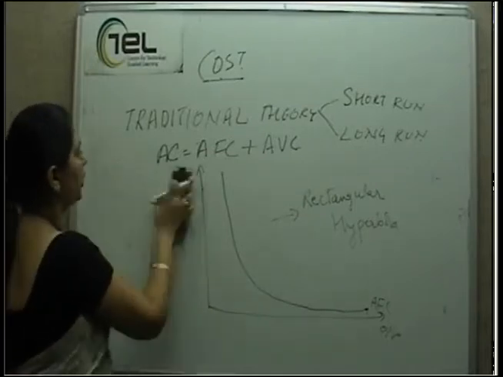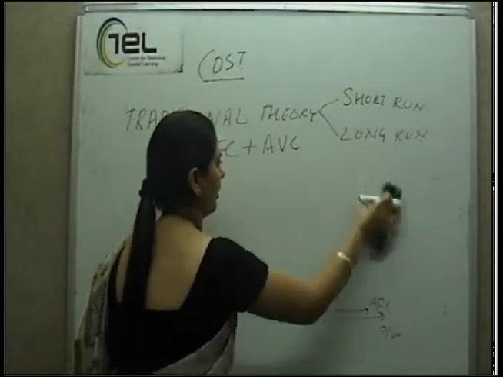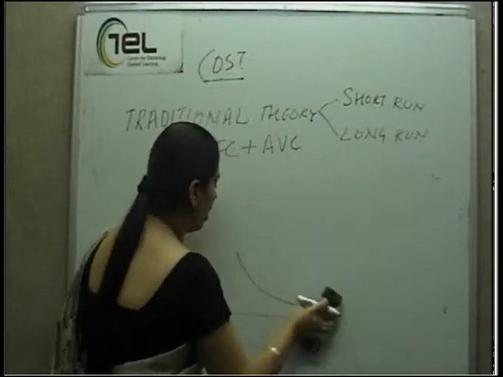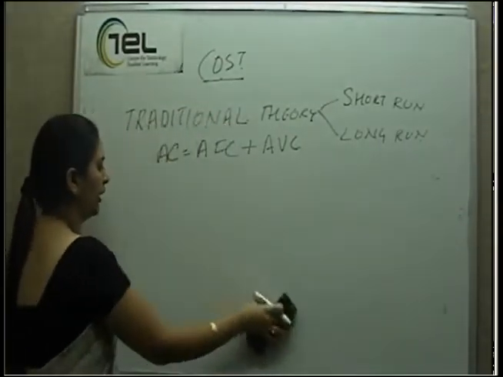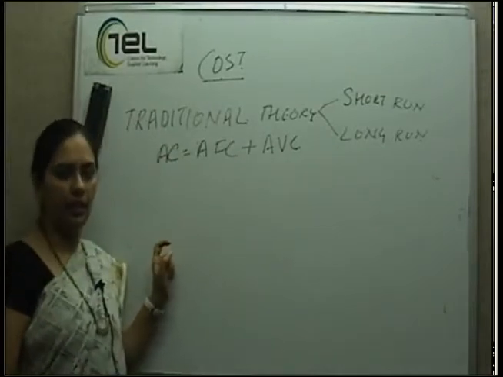Let's come to the third graph, that of AVC. To derive the curve of AVC, we would again take help of 2 diagrams, one below the other.